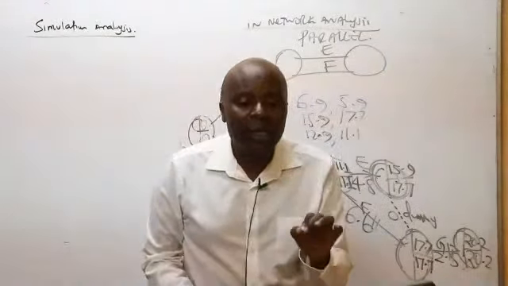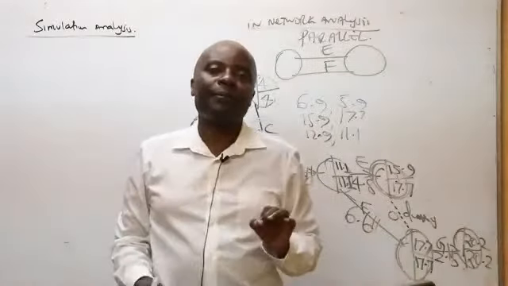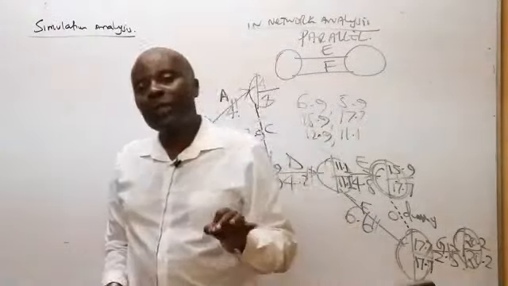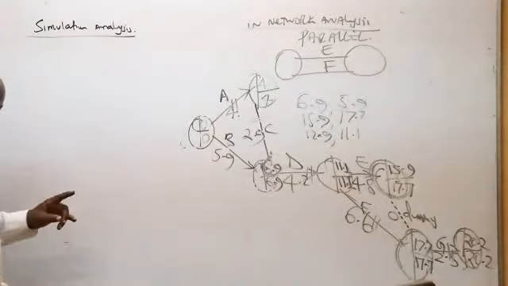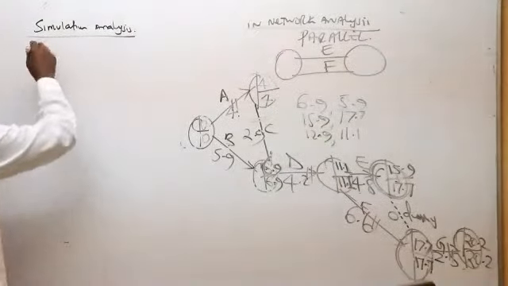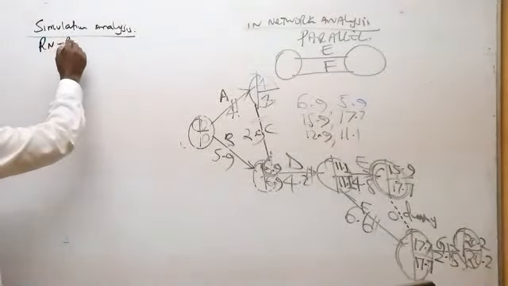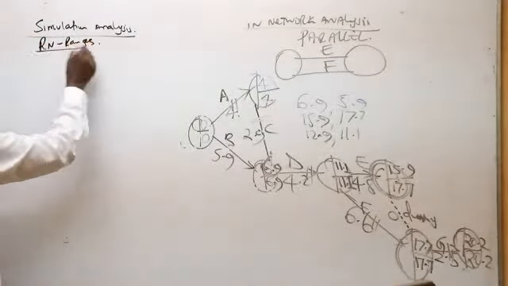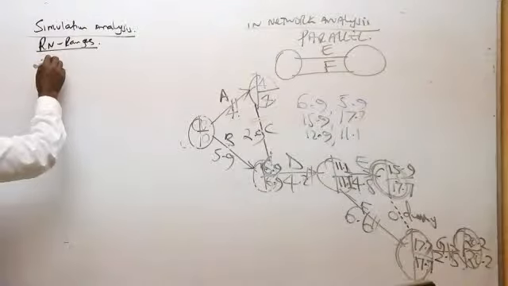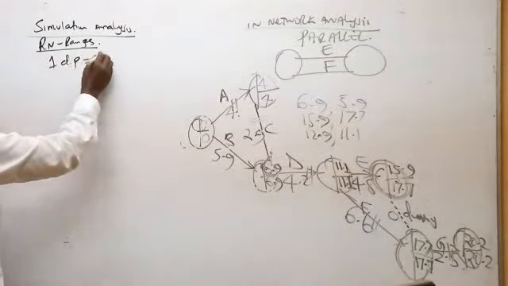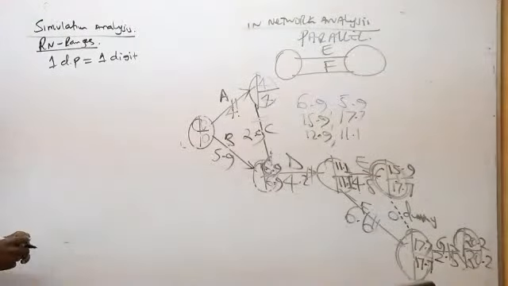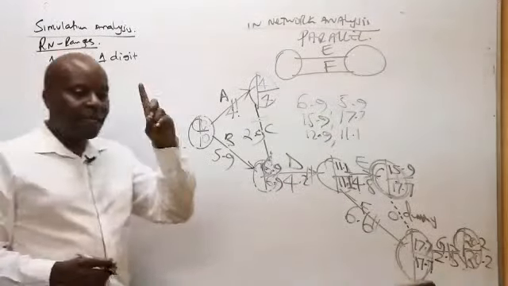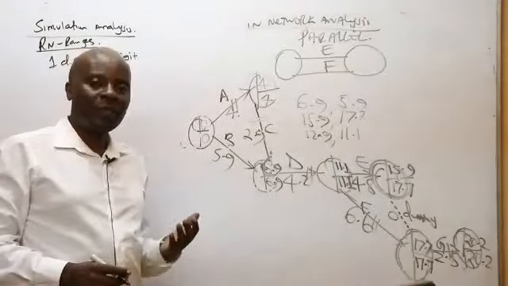To simulate is to imitate reality. And the most important thing that you're supposed to know about simulation is this. How do we assign random number ranges? We say that if you've got one decimal place, then you've got one digit. One decimal place, how many digits? One digit.